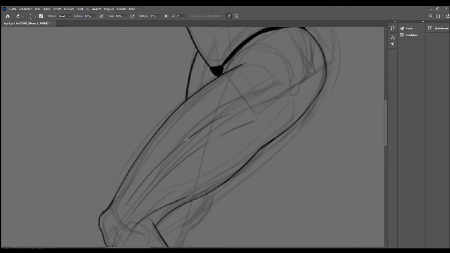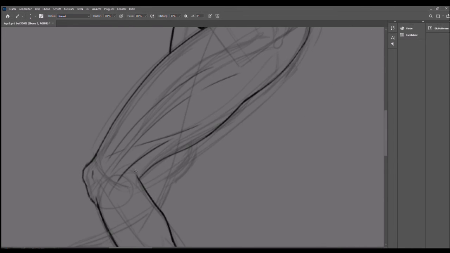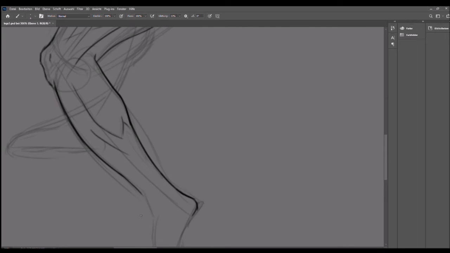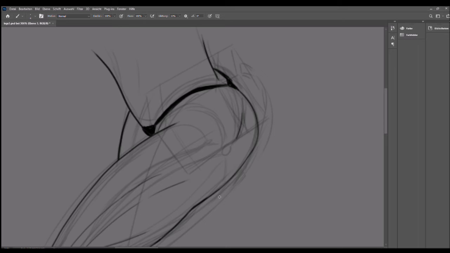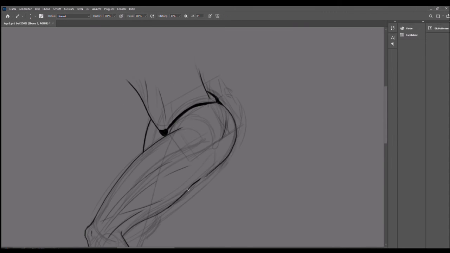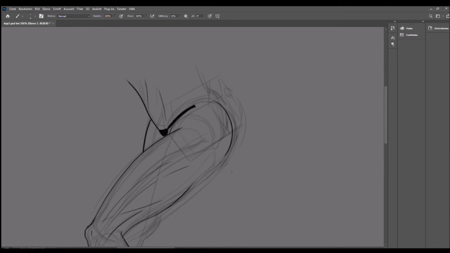Then when you're looking from the inner side, you have another band which is starting at the iliac crest of the pelvis and is wrapping around your leg, and is also inserting at the lower piece of your knee. This muscle is called the sartorius.